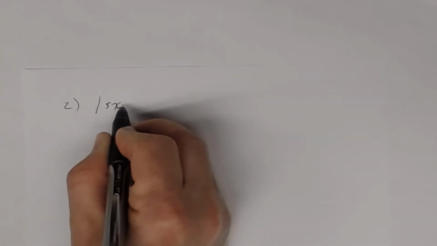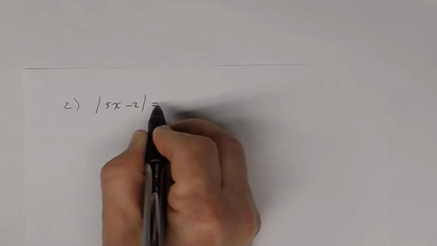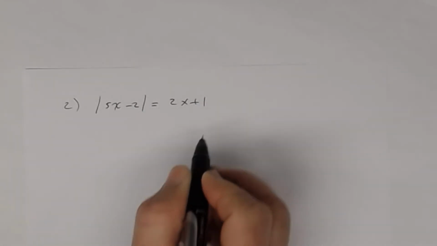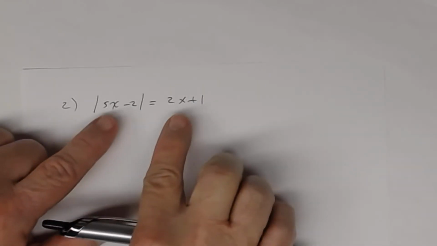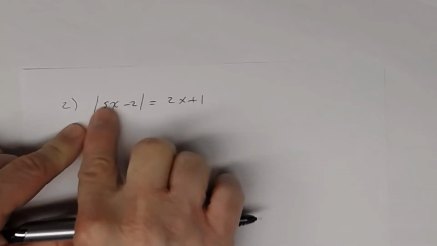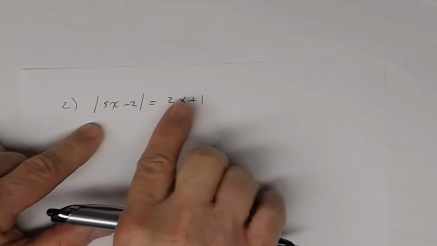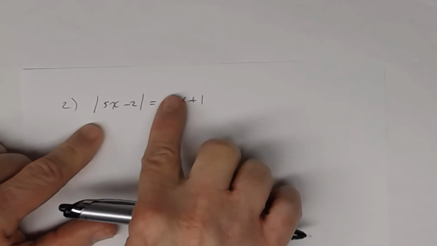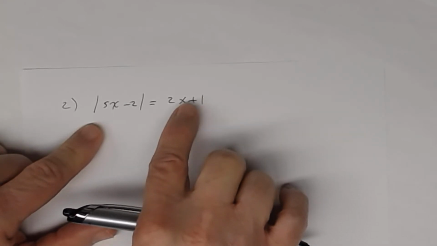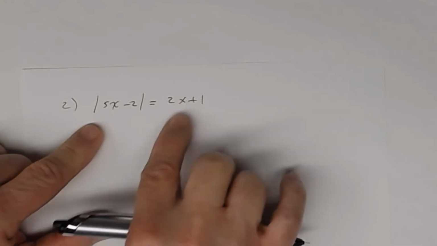So number 2, let's suppose we had the absolute value of 5x minus 2 is equal to 2x plus 1. So again, notice I have an absolute value equation. I have absolute value on the left side by itself, and on the other side, I don't have absolute value, but I do have a variable expression.